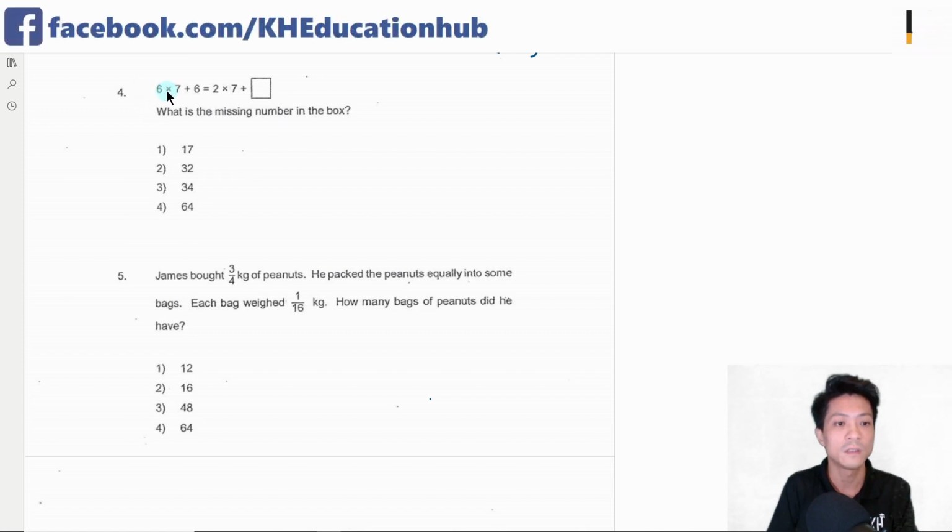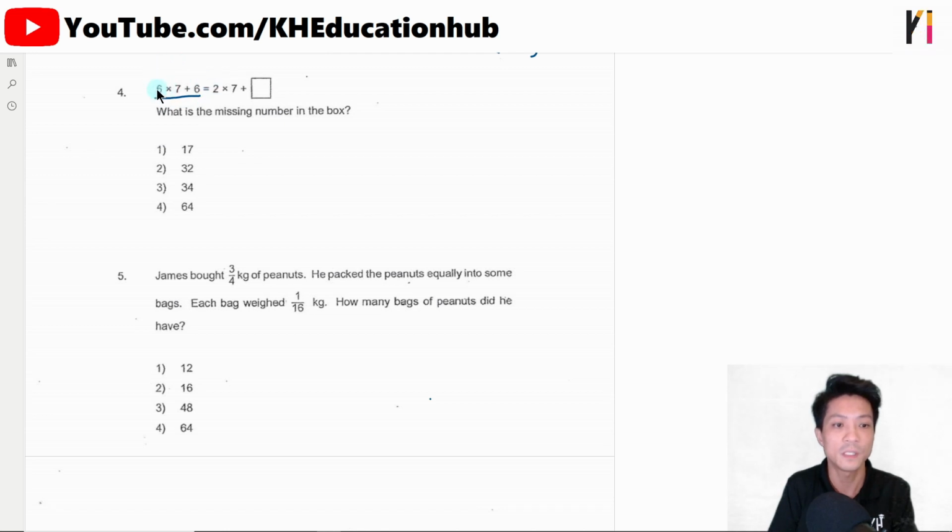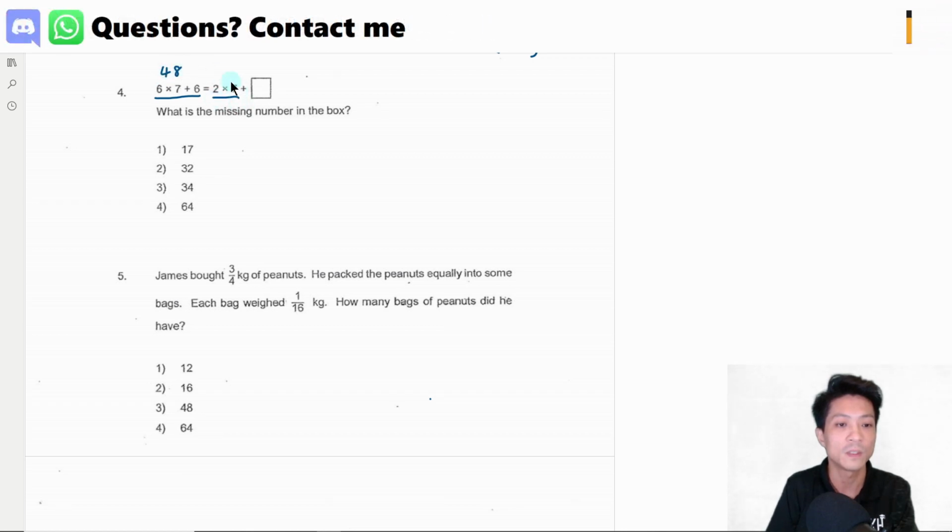Question 4. 6 times 7 plus 6 is equals to 2 times 7 plus something. What is the missing number in the box? I'm going to simplify this one first. 6 times 7 will give me 42. 42 plus 6 will give me 48. 2 times 7 will give me 14.